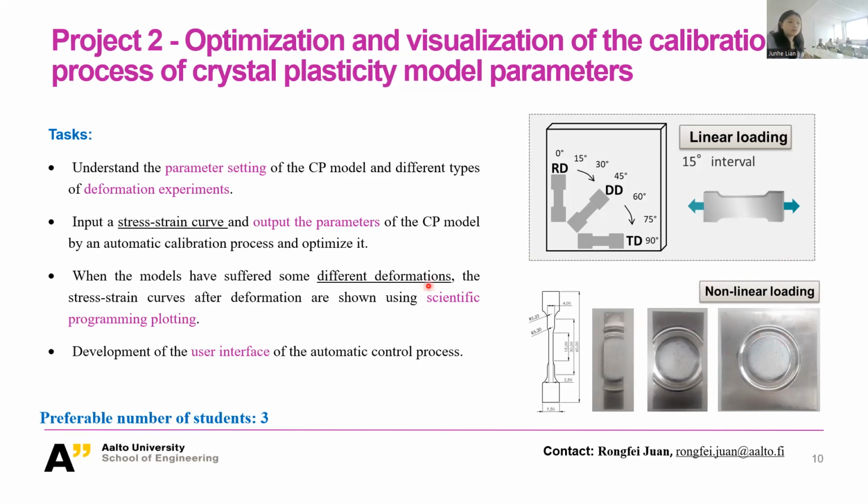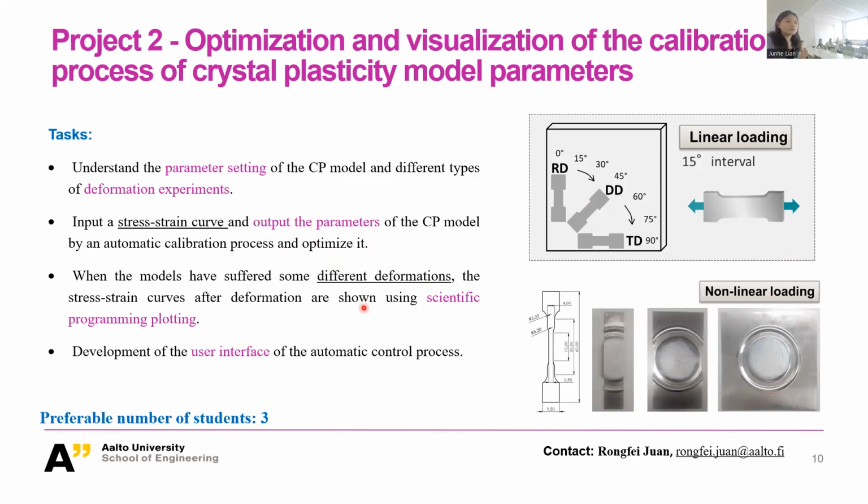And the task 2, as I mentioned, we need to input a stress strain curve, and after the calibration process, we need it to output the parameters of the crystal plasticity model.